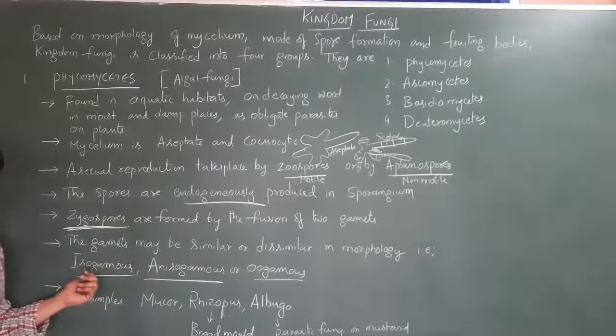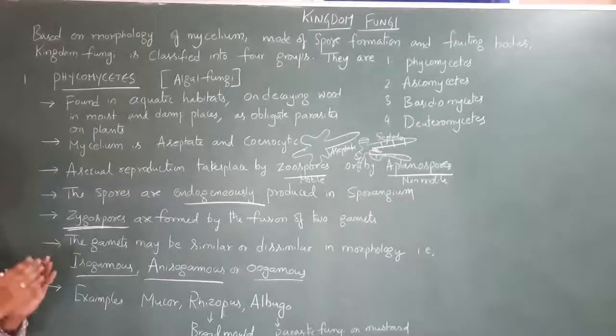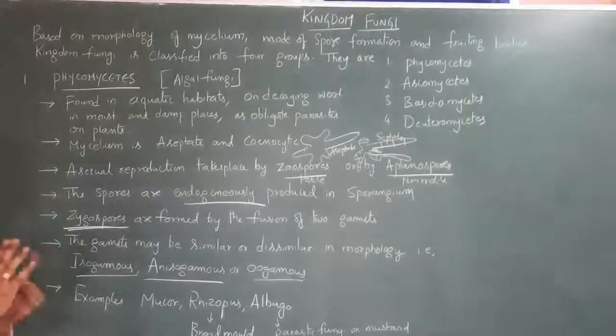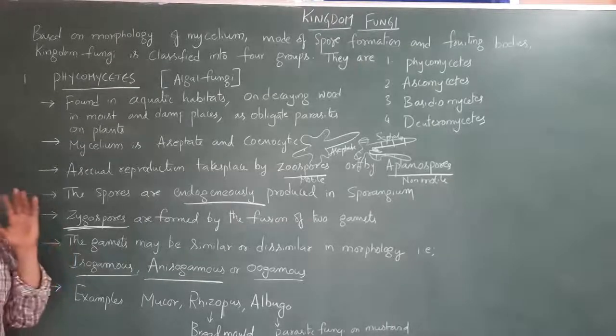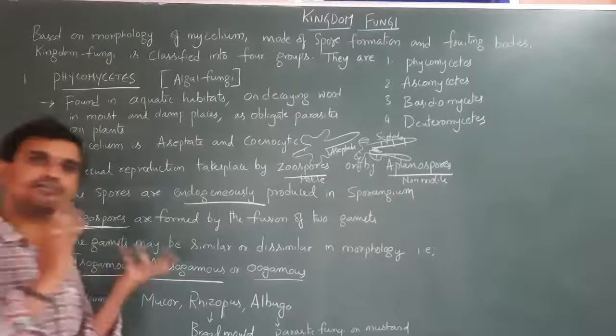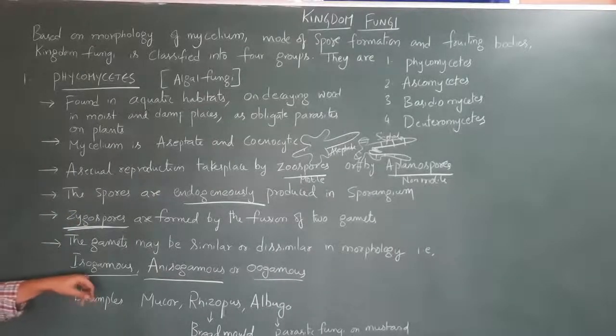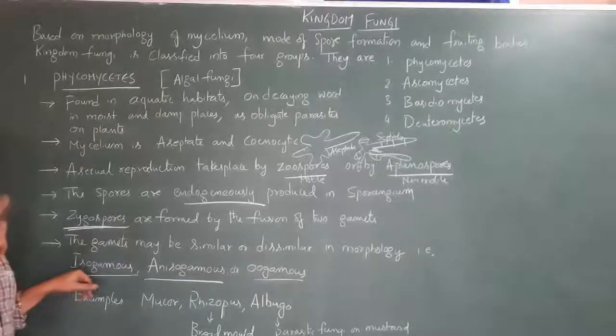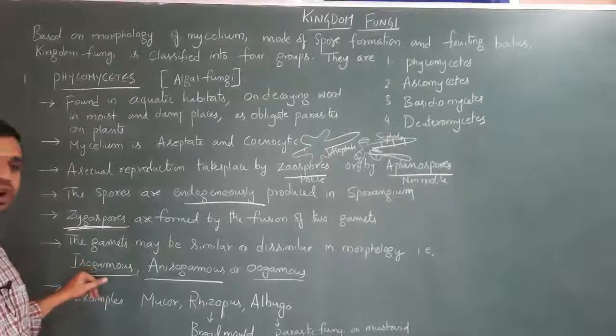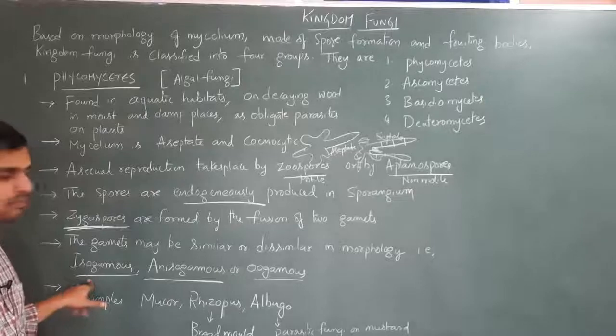So, what is isogamous? You know that in sexual reproduction, the 2 gametes fuse. One male gamete fuses with the female gamete, resulting in the formation of zygospores. Here, isogamous: if the fusion takes place between 2 similar gametes, then it is called isogamous.